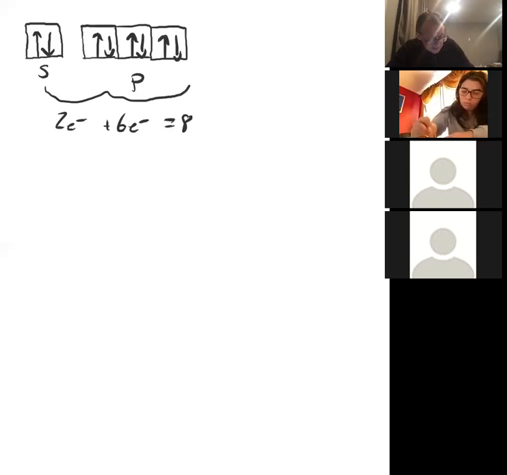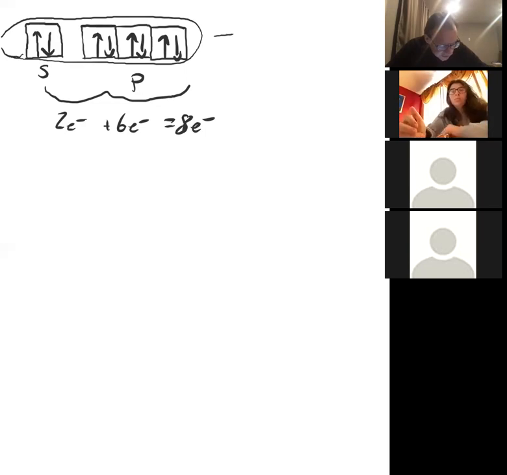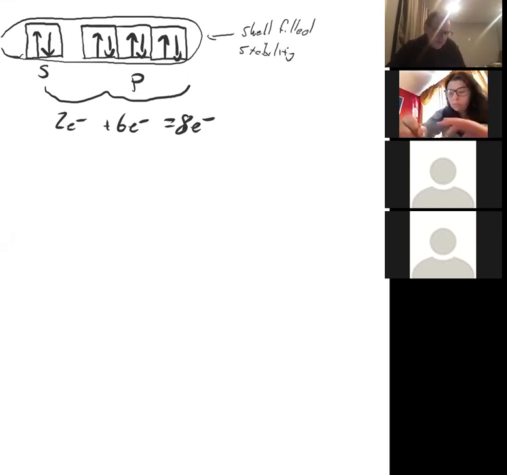That gives you 8 electrons. So the reason the octet rule seems to be observed in nature is that by having 8 valence electrons, you're filling out this entire shell. The shell is now filled, and that seems to provide stability. So that's the noble gases, right?